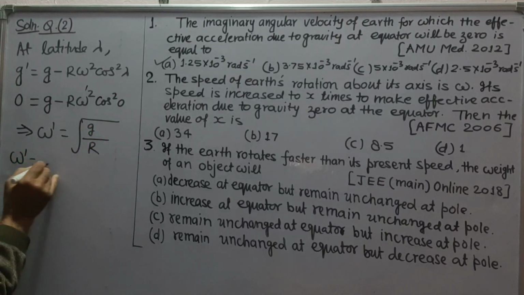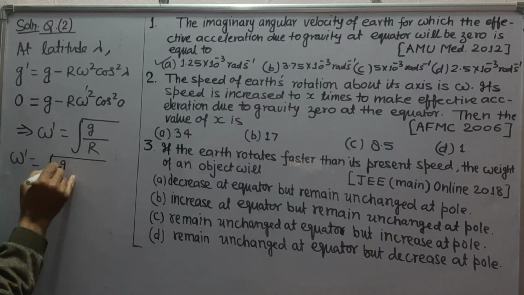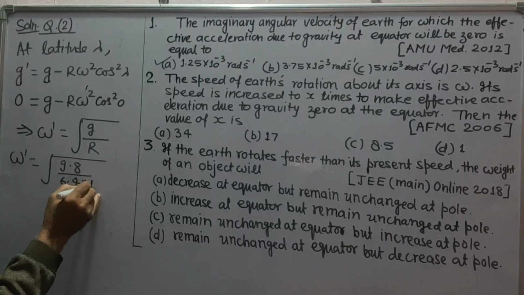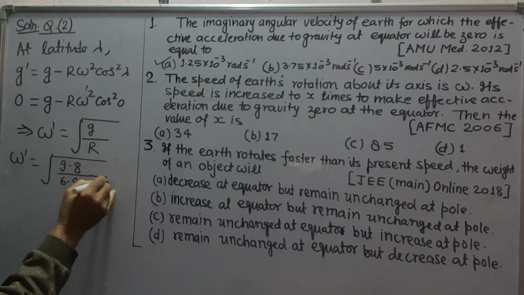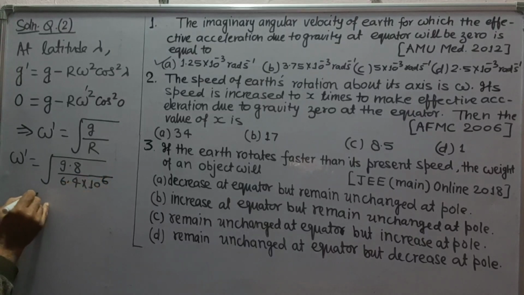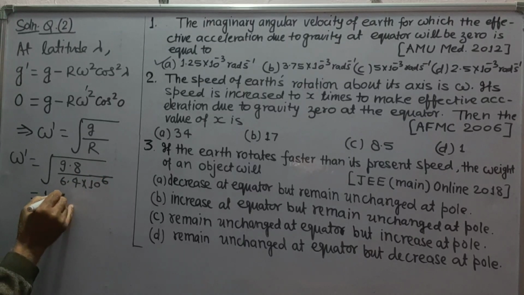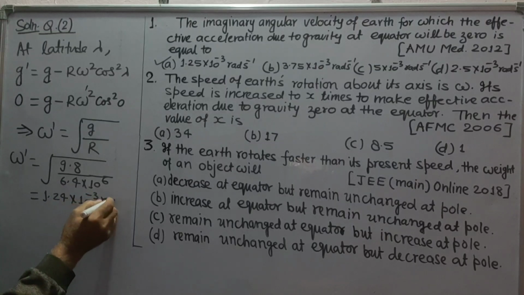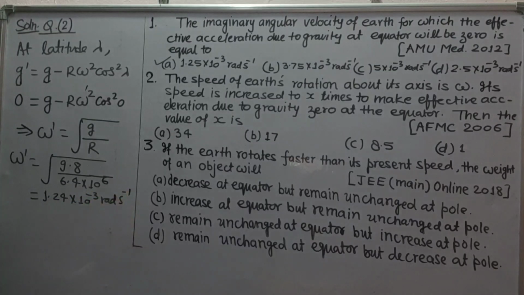Omega dash will be equal to under root 9.8 upon 6.4 into 10 to power 6, which gives 1.24 into 10 to power minus 3 radian per second.